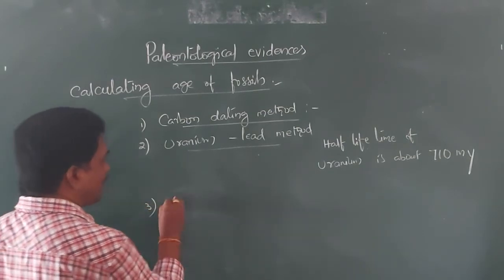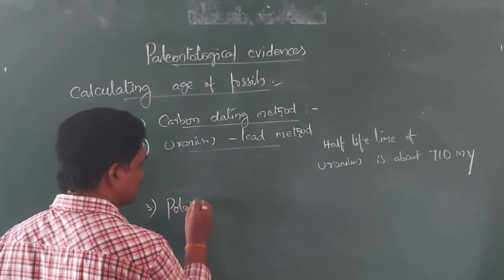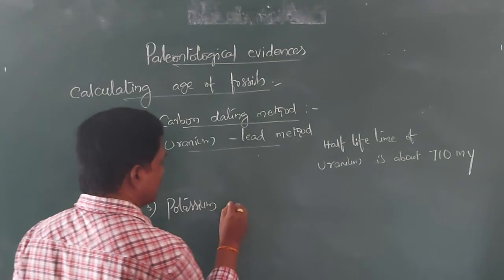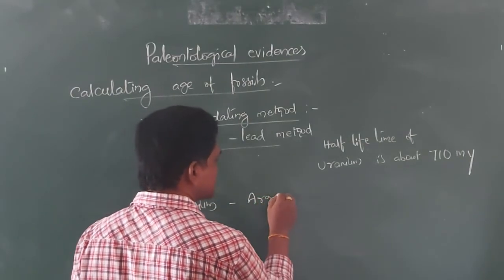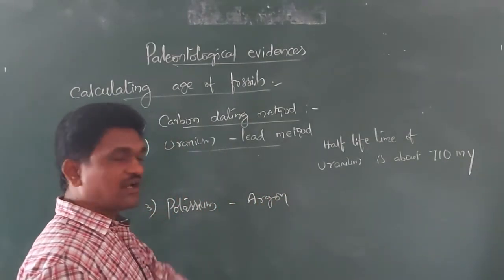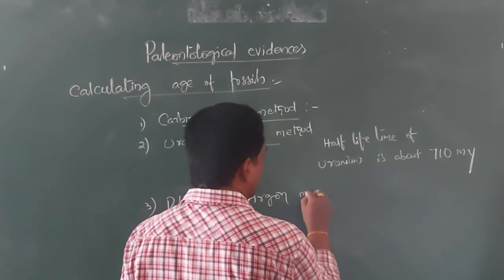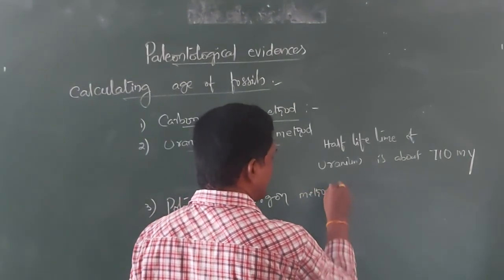Next method, the potassium argon method, in which the mother atoms are potassium and the daughter atoms are argon. It means potassium is converted into argon.